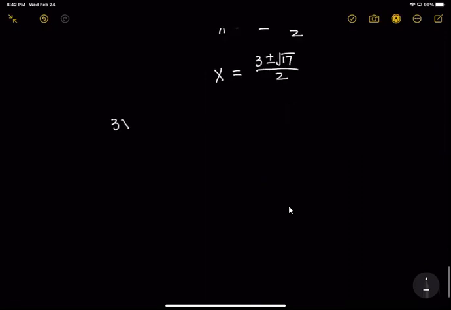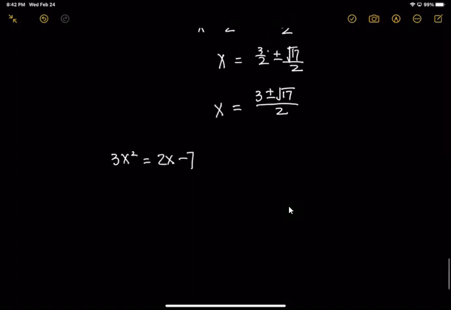So now I have 3x squared equals 2x minus 7. How to do this one? What you can do is move all the terms to the left. But actually we don't need to move all the terms. All we need is what? 2x, right? Because all we care about is b.